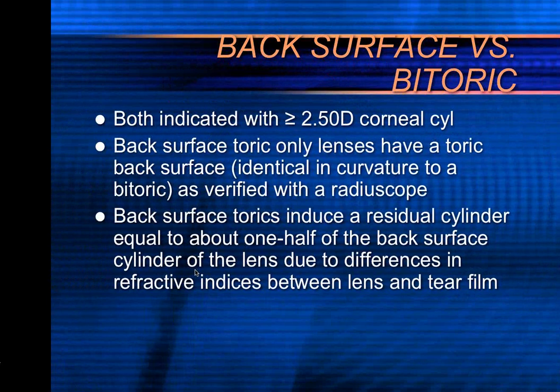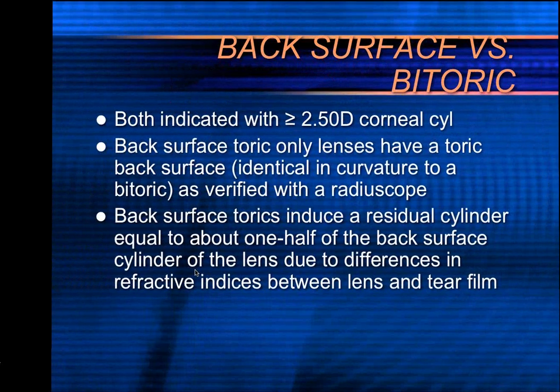It could even be as little as maybe 25 to 30% of the back surface toricity is induced if it's a lens material that has, for example, a low refractive index, something along the lines of maybe 1.42, as opposed to many of the materials we have today that are in the 1.45, 1.46 range. This theory is simply based on a material that would have a refractive index of 1.5. So aren't you glad I'm reviewing this?